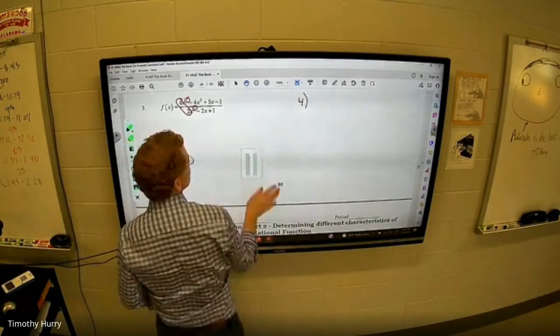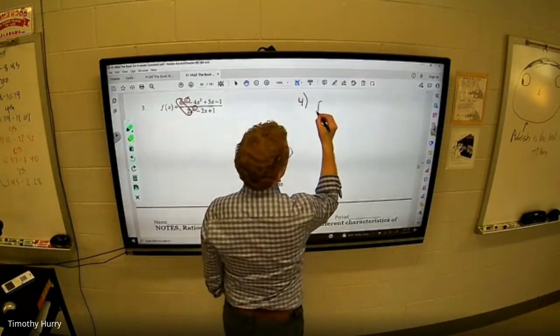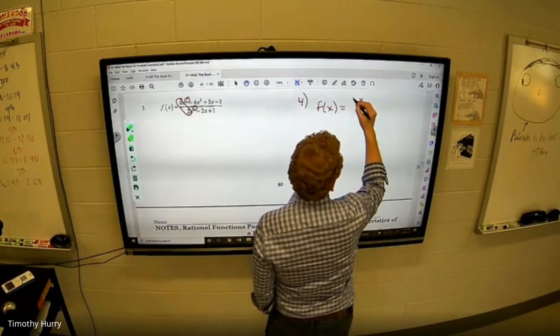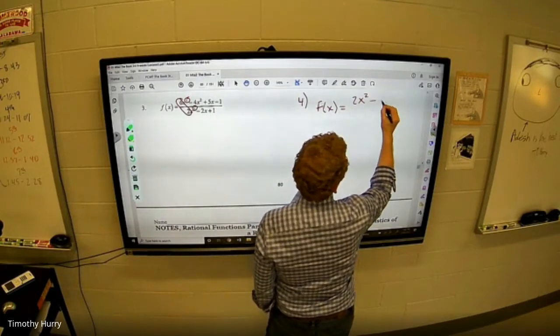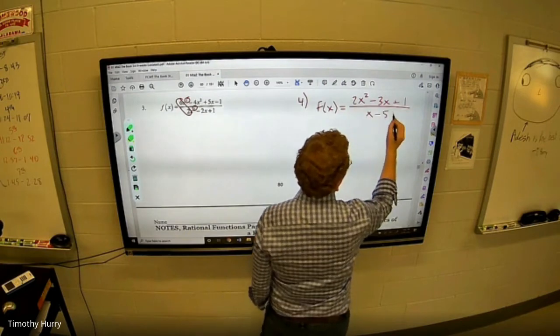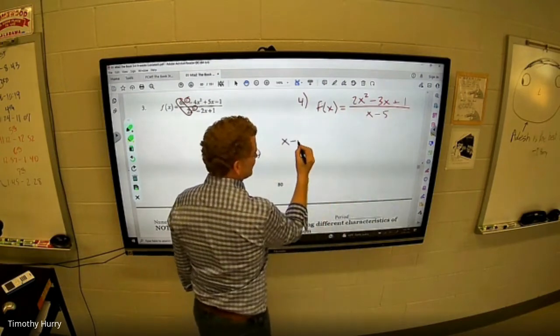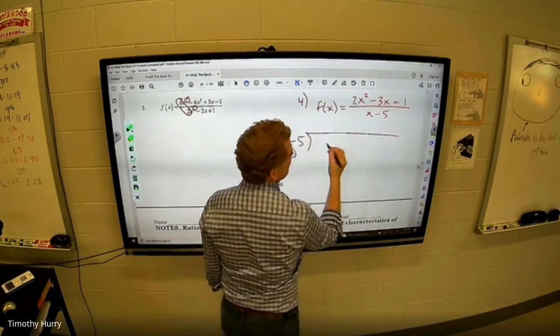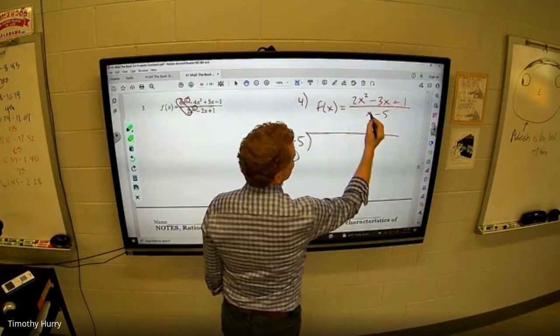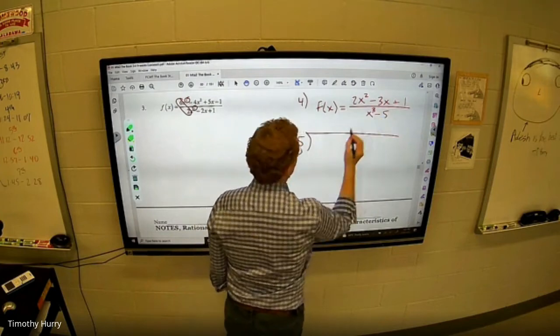What would you do if I said this? Here's your function. Say you had 2x squared minus 3x plus 1, and on the bottom I have an x minus 5. What happens here when I try long division? Sorry, not this. Make that x cubed on the bottom.